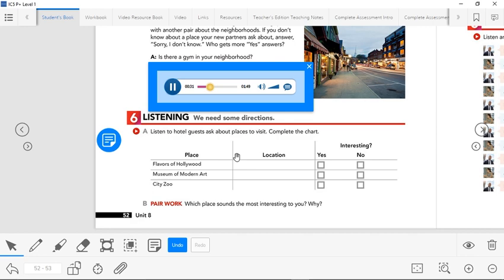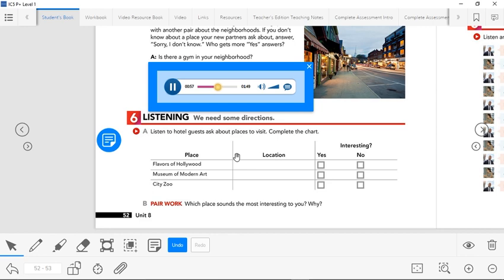How far is it from here? Oh, it's just a few minutes from here. Right across from the post office. The post office on Western Avenue? Yes, that's the one. Is Flavors of Hollywood a nice place? Well, I think so. The food is good, and there are some interesting things to look at in the restaurant from movies like Rocky, The Terminator, and Titanic.